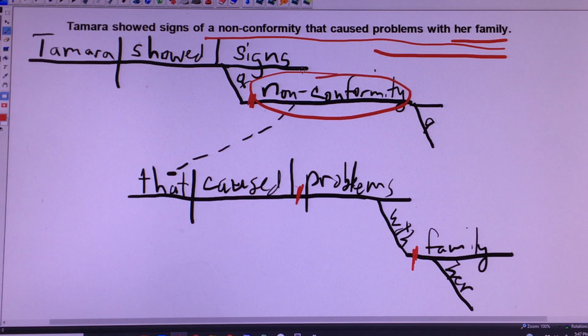It is the head of the phrase a nonconformity that caused problems with her family. Inside that noun phrase is another noun phrase of which problems is the head. It is problems with her family. And then finally, inside that, there is yet another noun phrase of which family is the head, her family.